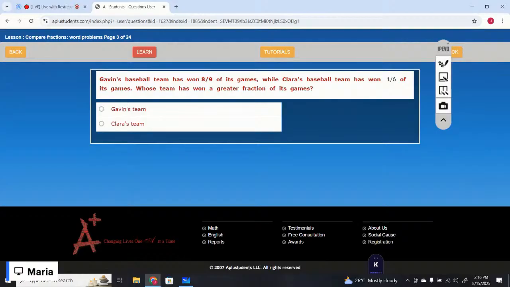8 out of 9 is greater than 1 out of 6. So Gavin's team is greater than Clara's team.